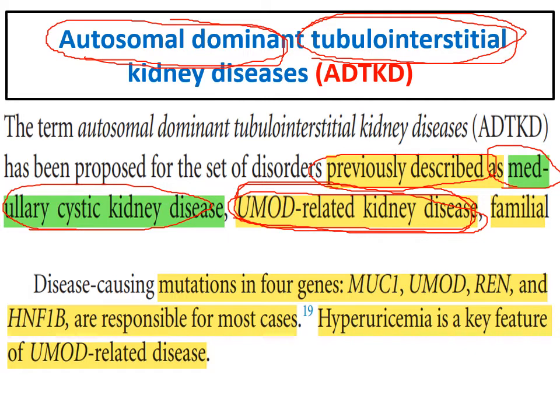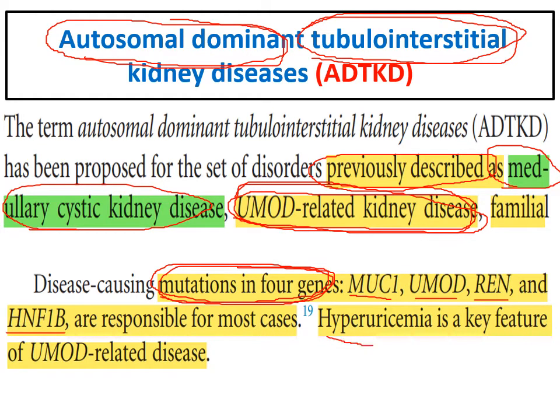So it has three names. Mutations in 4 genes have been discovered in this disease: MUC1, uromodulin, REN, and HNF1B.